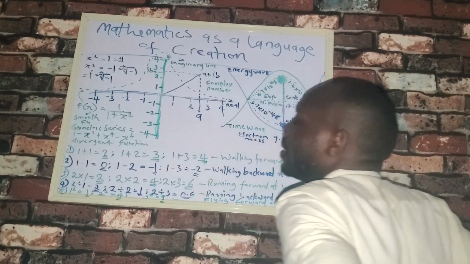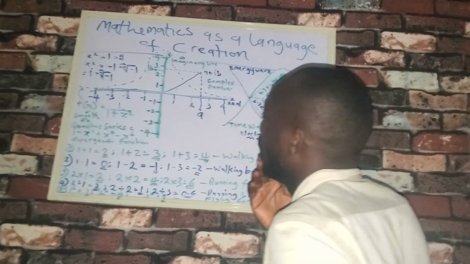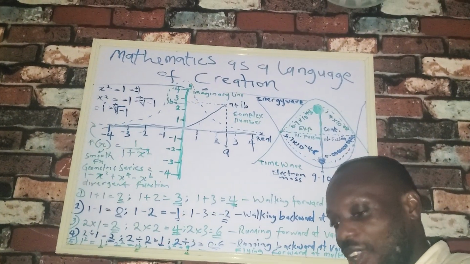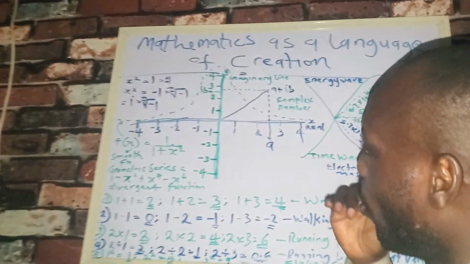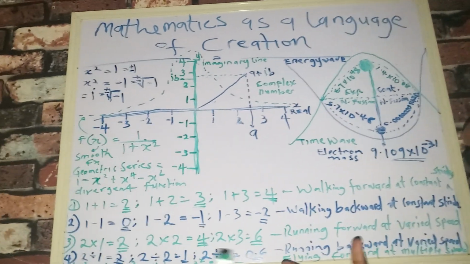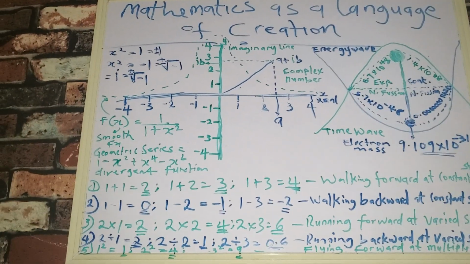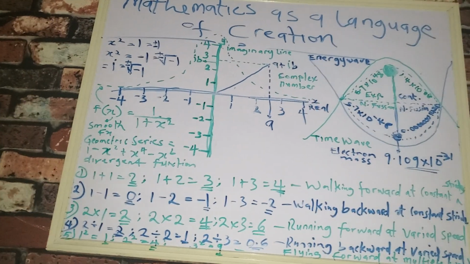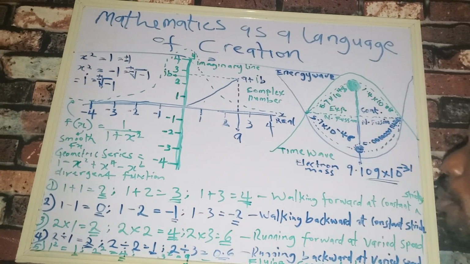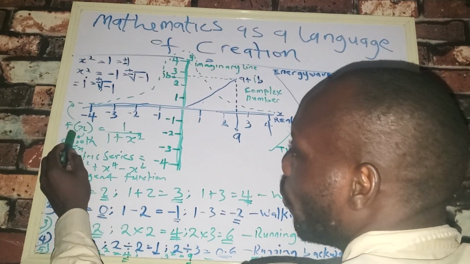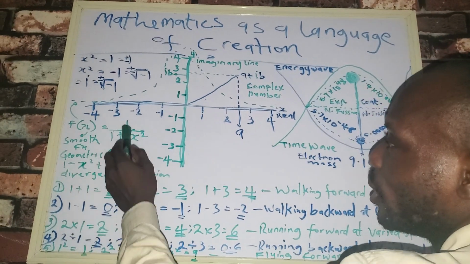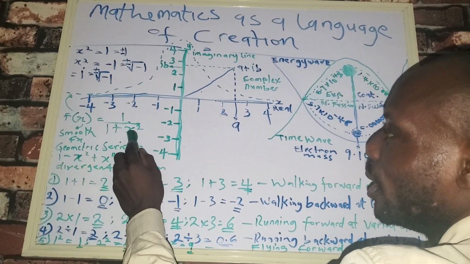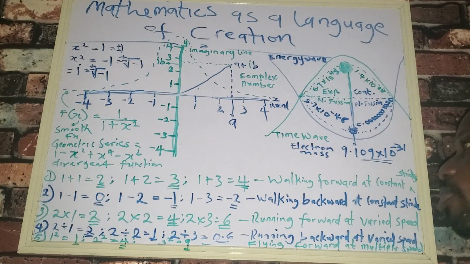So now let's look at a typical example of a function that gets divergent from the real axis into the complex plane. A typical example of such a function is 1 all over 1 plus x squared.